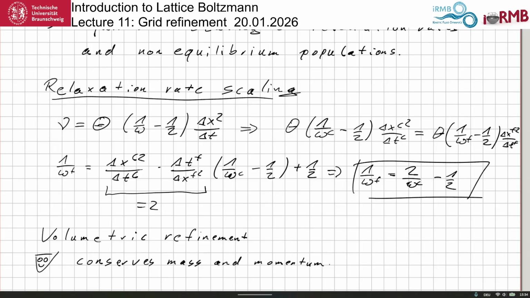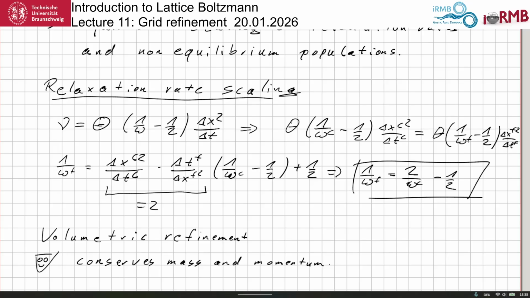So, I mean, if you use a conservative method, and lattice Boltzmann mostly is, if you don't use boundary conditions and grid refinement, then it is a conservative method. And with conservative methods, you could always say they usually don't go horribly wrong, right?